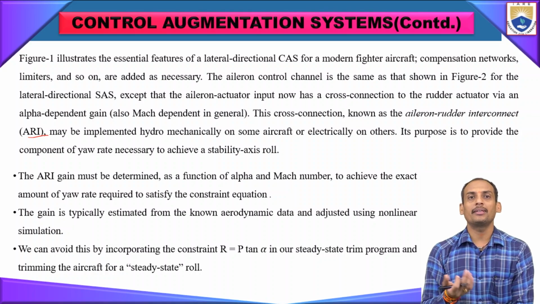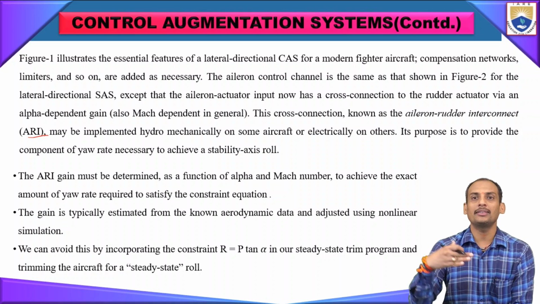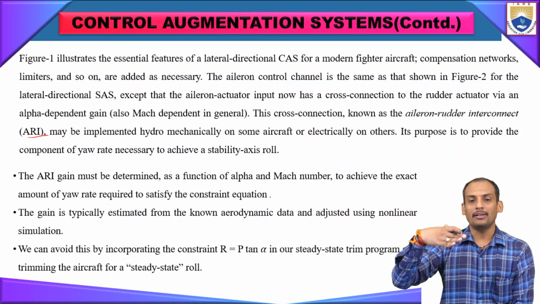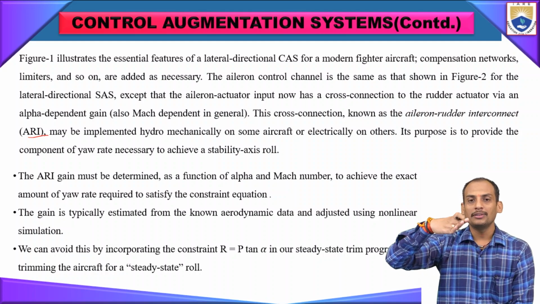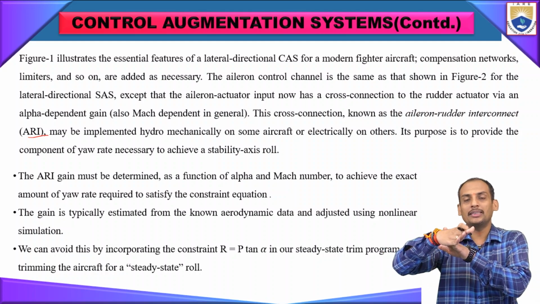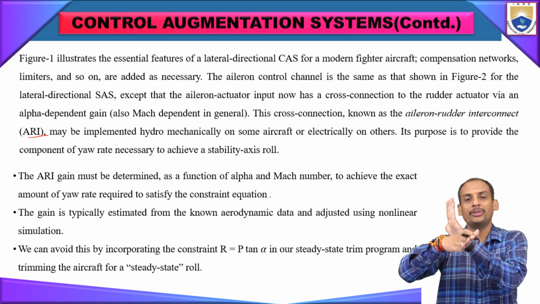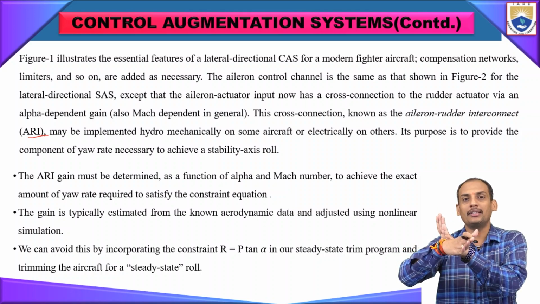This is for the component of ARI that is necessary to achieve the stability axis roll, because with respect to yawing and rolling moment, we need to avoid adverse loads on the vertical stabilizer.